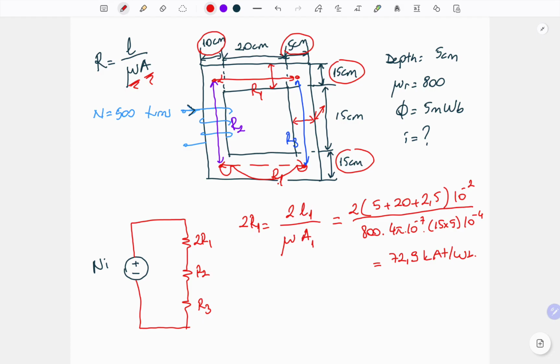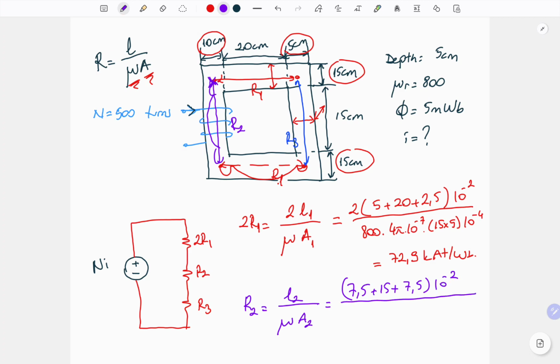Okay, let's continue with R2, the left leg reluctance. For R2, similarly, we have its mean path length and cross-sectional area. For this part, if we start from the left upper corner, our values will start with 7.5 centimeter, which is half of 15. Then we have one more 15. And the last part again must be half of 15, which is 7.5.